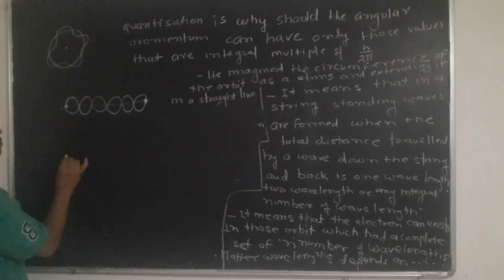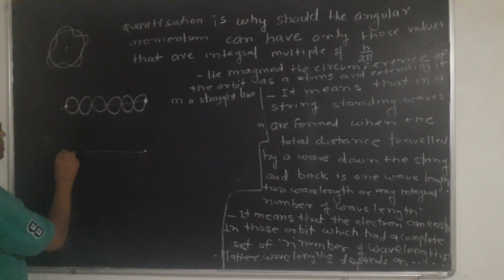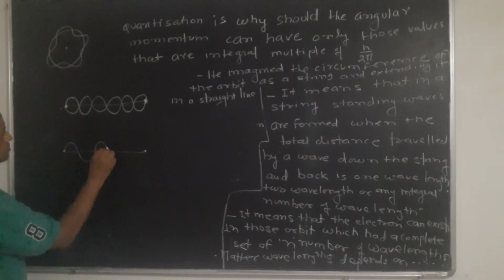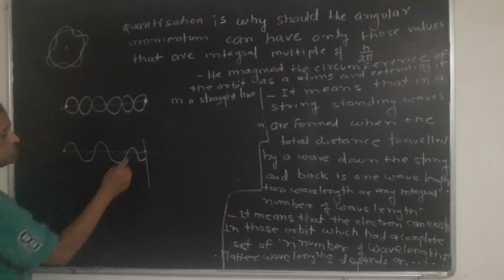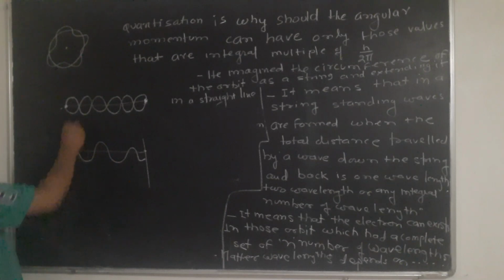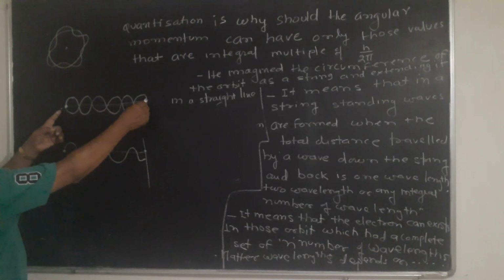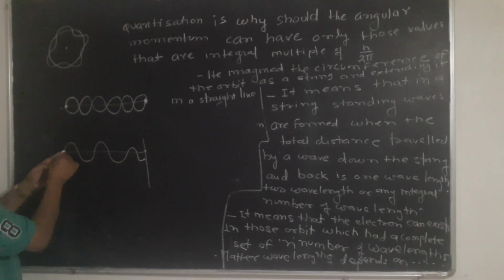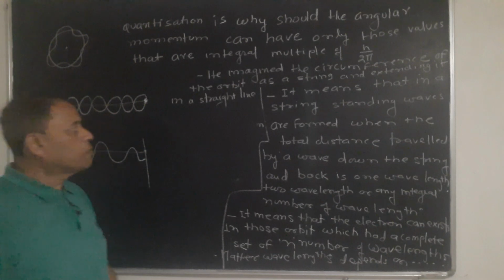But if the wave is like this one, it has no nodes at the ends, so it will die out. Only those wavelengths will survive which have nodes at both ends.